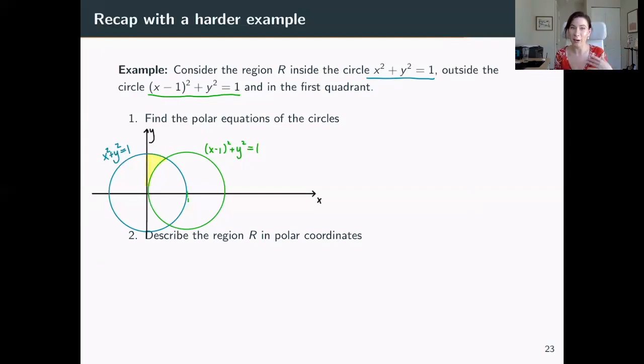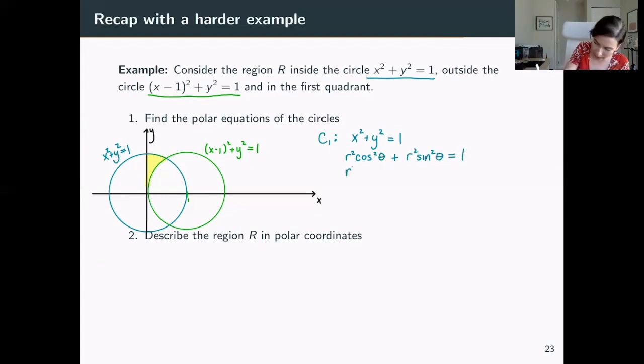Before we try to figure out what that region is, we want to try to figure out the polar coordinates of both of these circles. We can do that by using what we know about the polar coordinate system. I have x² + y² = 1, but I know that x is going to be r cos theta, so that will give me r² cos² theta, plus, similarly, I get r² sin² theta, since my y should be equal to r sin theta.